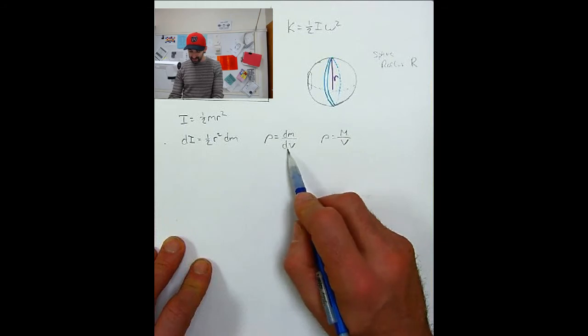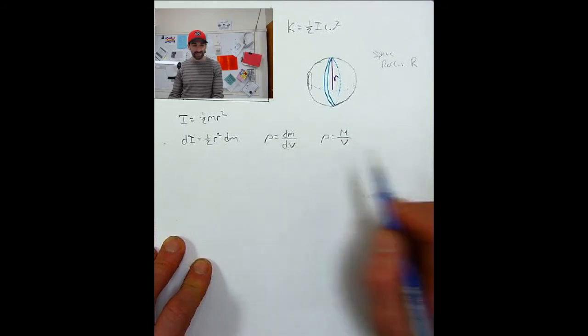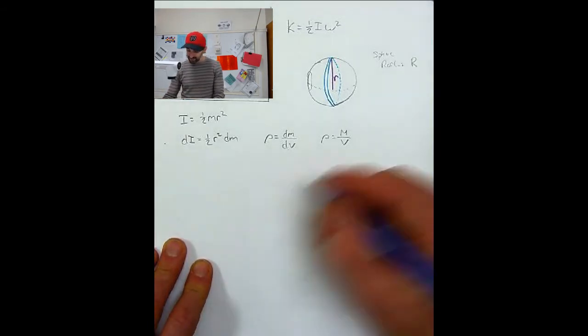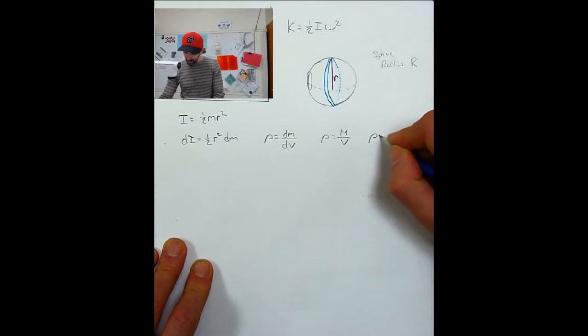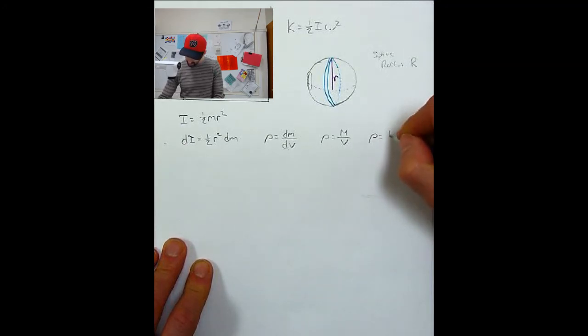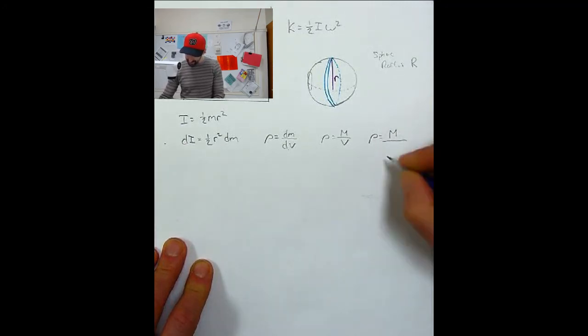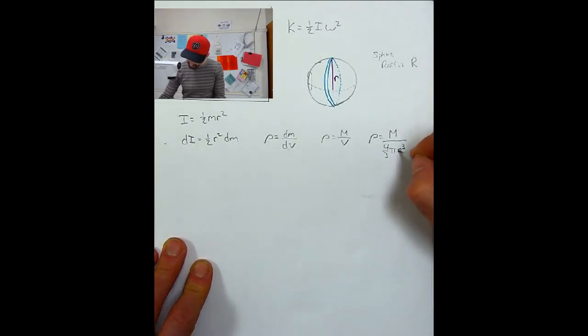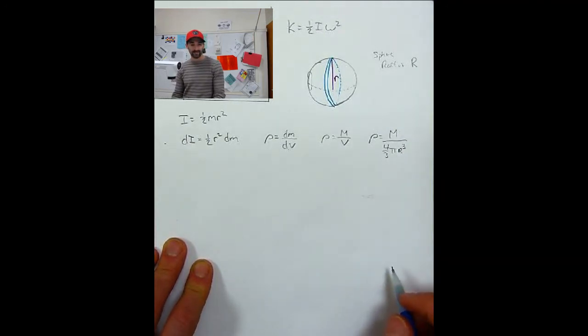So I'm just changing back and forth. A small piece has the same density as a large piece, especially because we're assuming the Earth is a uniform sphere. I'm not going to use this right away, but I'm going to say that rho, the density of the sphere, is mass divided by 4/3 pi R cubed. That is the density, big R, because I said big R was the radius of my sphere.